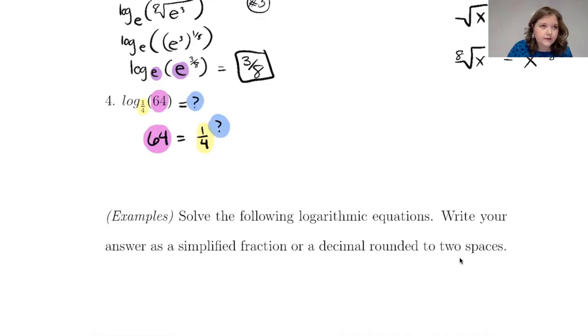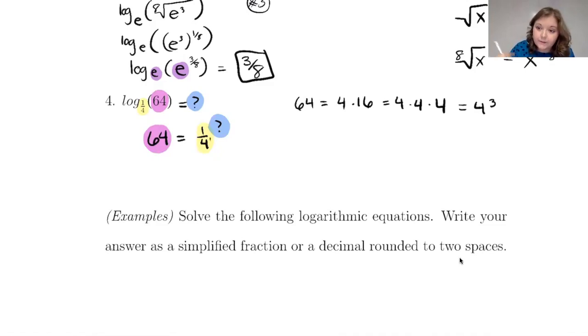So 64 we know is equal to 4 times 16, which is equal to 4 times 4 times 4, which is 4 cubed. And 4 is just 4 to its own power, but here we have 1/4. So 1/4 is like 1/4 to the first power.